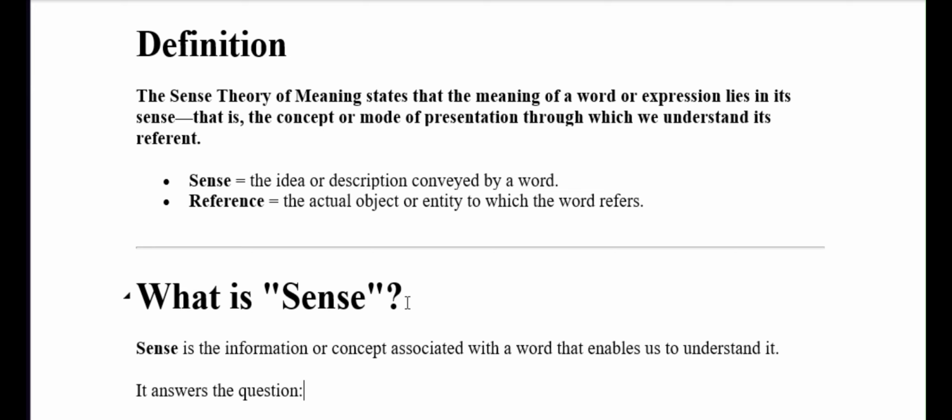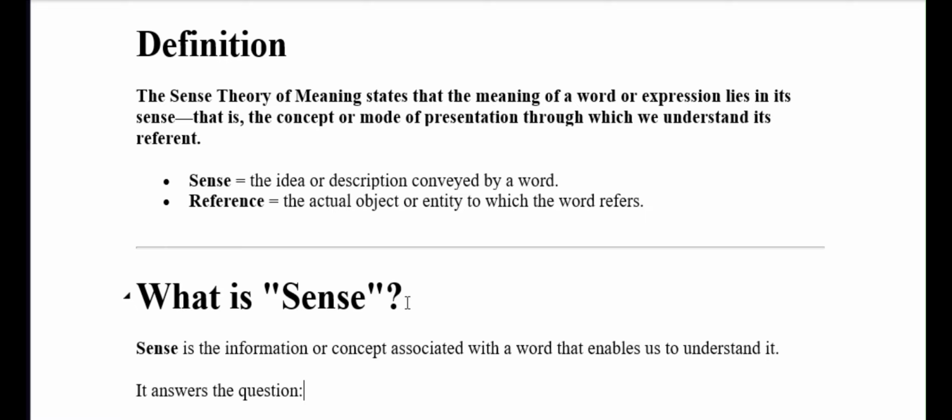It is basically the plant that gives shade. It is a living organism. It gives us different benefits. This is sense, the idea that is given by that word tree. And the reference is the actual object. The actual tree is the reference.